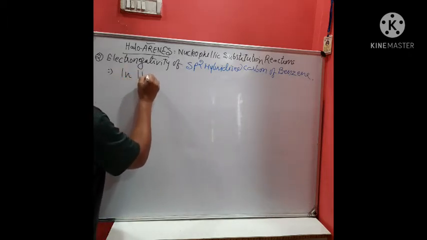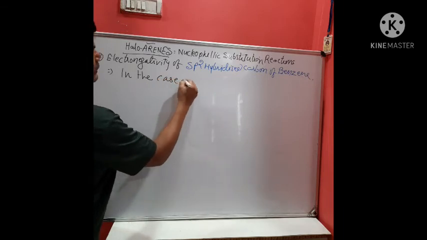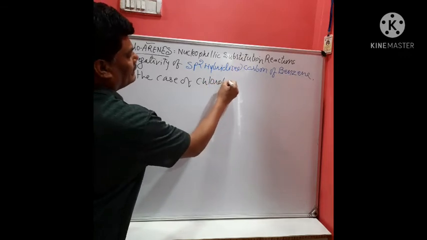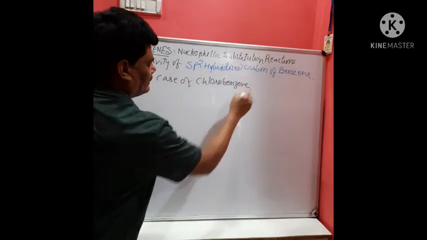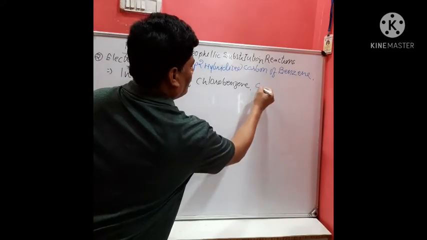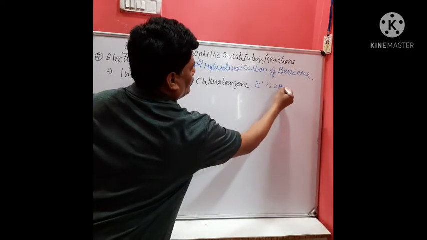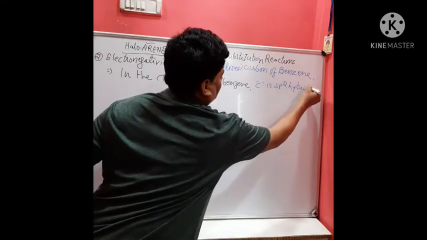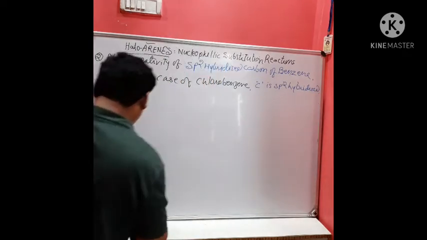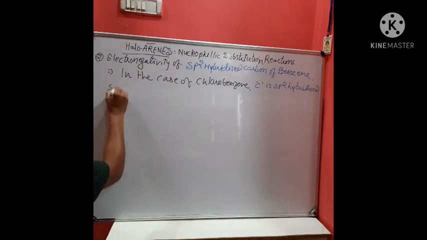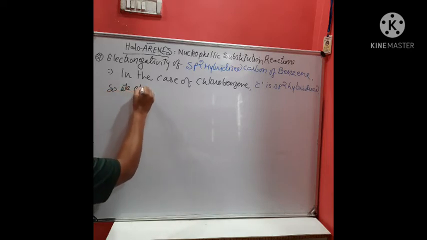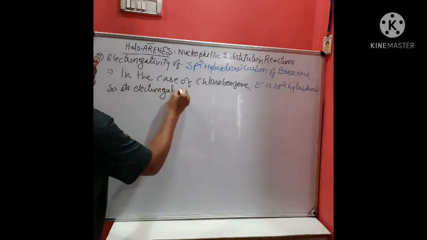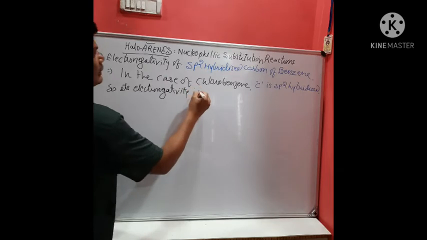In the case of chlorobenzene, carbon is sp2 hybridized. So its electronegativity is more.